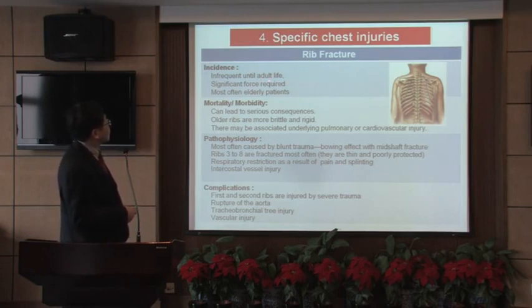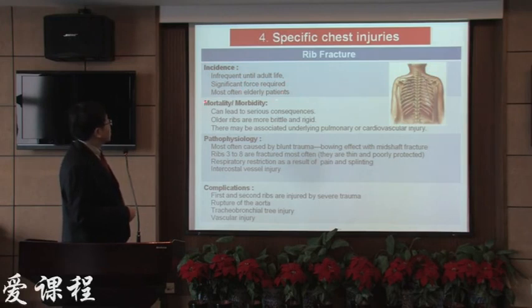Significant force is not required in most elderly patients. But the morbidity and mortality can lead to serious consequences, from minor injury to the death of the patients. Older people's ribs are more brittle and rigid, and easy to fracture. They may be associated with underlying pulmonary or cardiovascular injury.